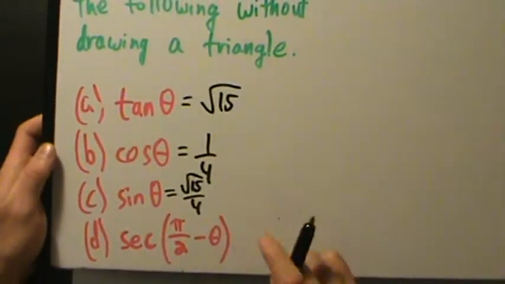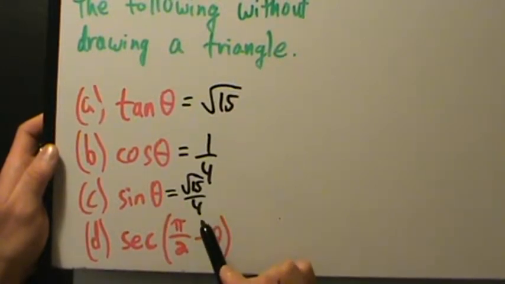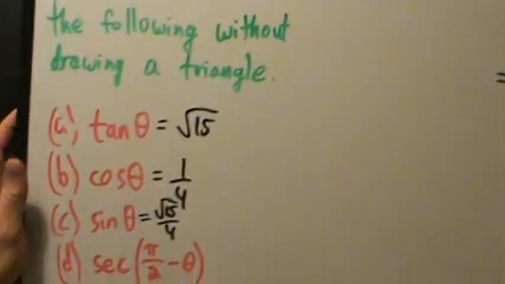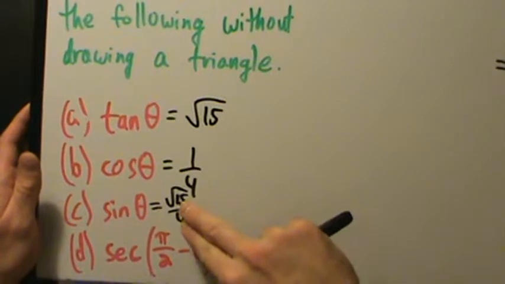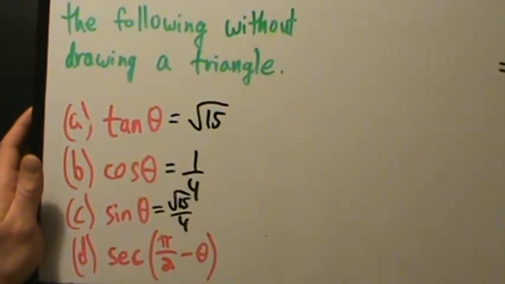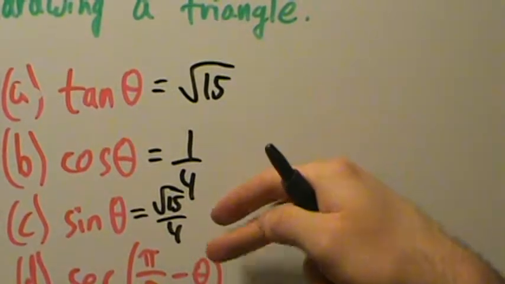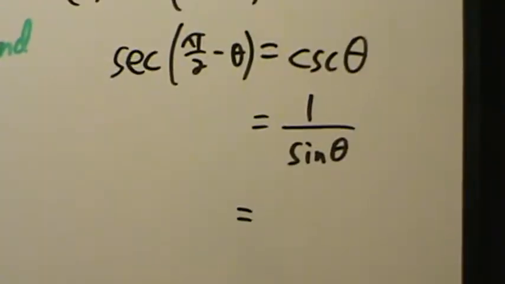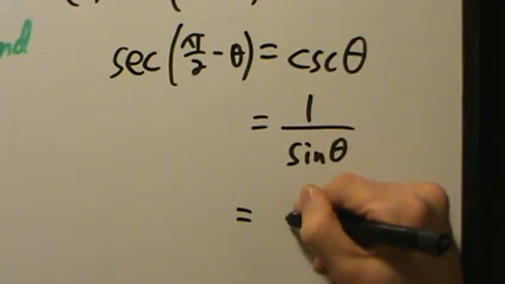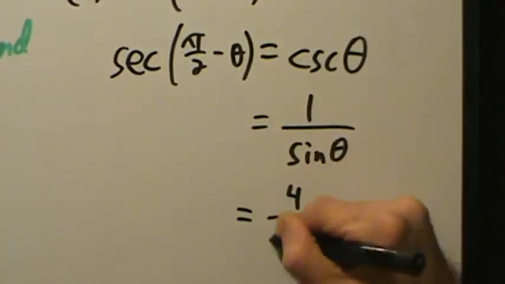And we just found out that the sine of theta is root 15 over 4. So if we want the cosecant, we take the reciprocal of root 15 over 4. So let's zoom in on that a little bit. We just take the reciprocal of root 15 over 4, and that's going to be 4 over root 15.